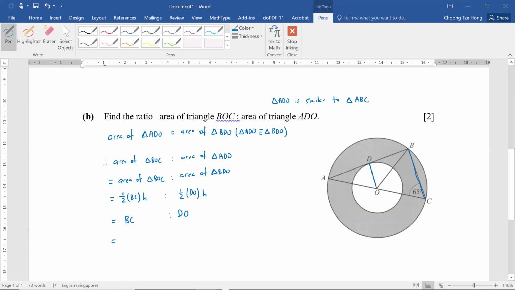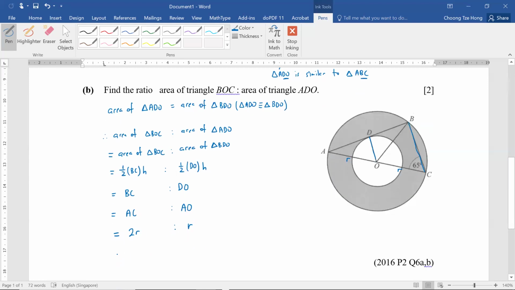BC is to DO is also equal to the ratio of AC is to AO, so we can change it to AC is to AO. What is the length of AC? AC is the diameter of the circle. If I call this R, AC is going to be 2R, and AO is going to be R. So the ratio that we want is 2 is to 1.